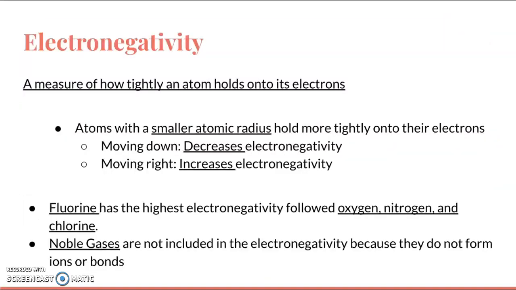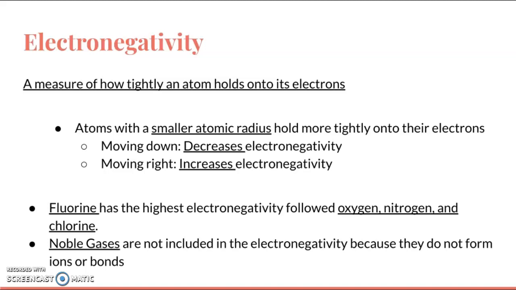Our last trend that we want to talk about is electronegativity, and this is a measure of how tightly an atom holds on to its electrons. So knowing that ionization energy is how much energy it takes to lose an electron, we can see that electronegativity and ionization energy are going to have the same trend.